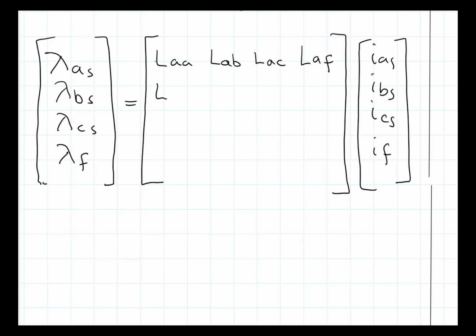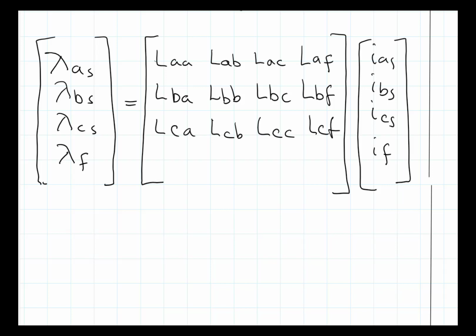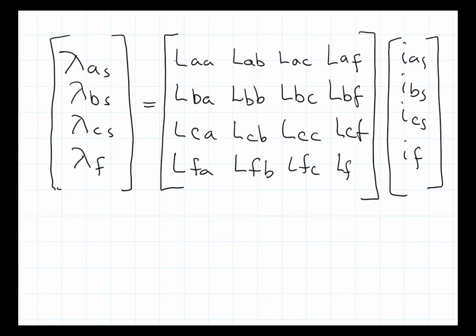And we can go on with the B. We'll have a B to A inductance, a B self-inductance, a B to C, and a B to F. And we're going to have a C to A, C to B, a self-inductance, and then a C to F. And then we're going to have an F to A, an F to B, an F to C, and an F self-inductance. So we've got quite a bit going on here.